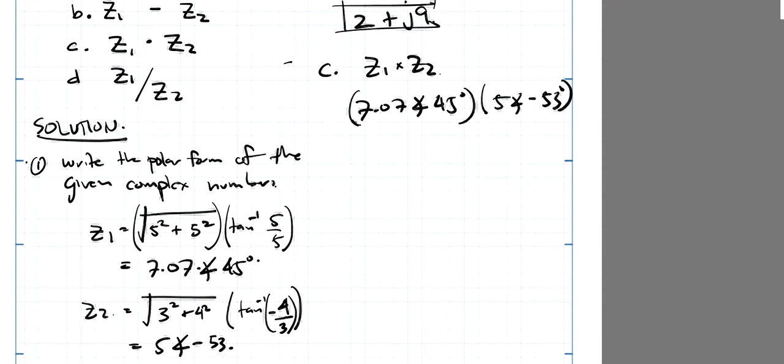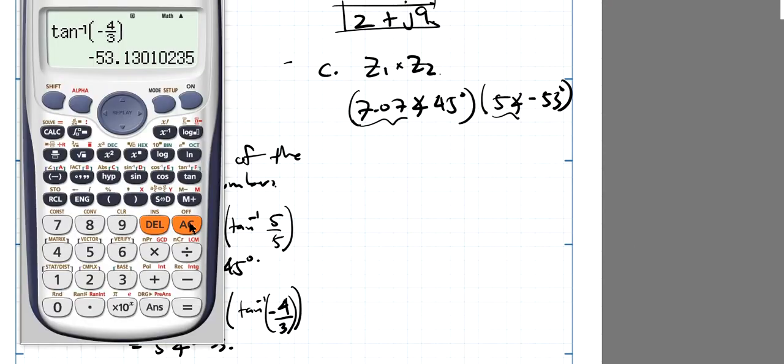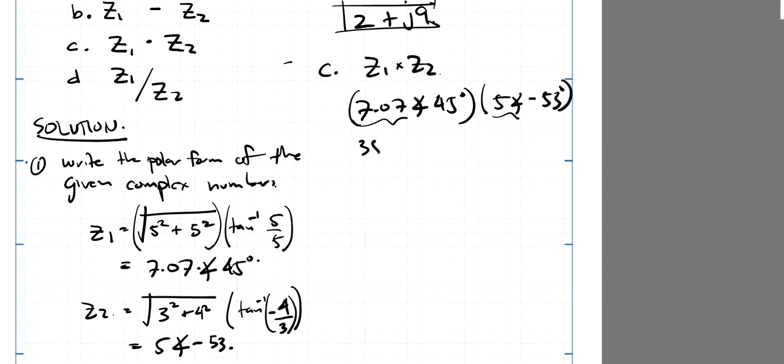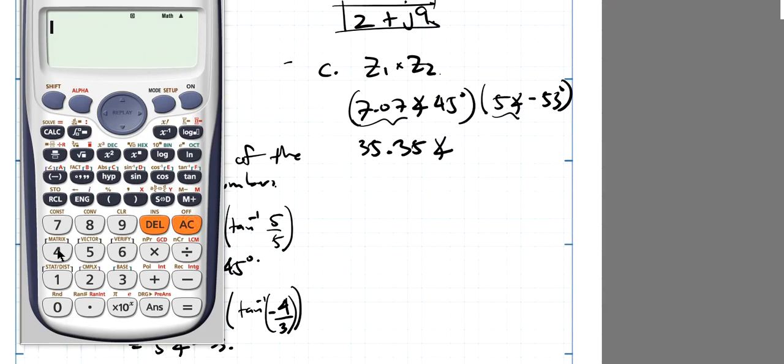So we multiply these: 7.07 times 5 is equal to 35.35. Then for the angle, we add the angles together, 45 minus 53, and what we get is, I think, negative 8.